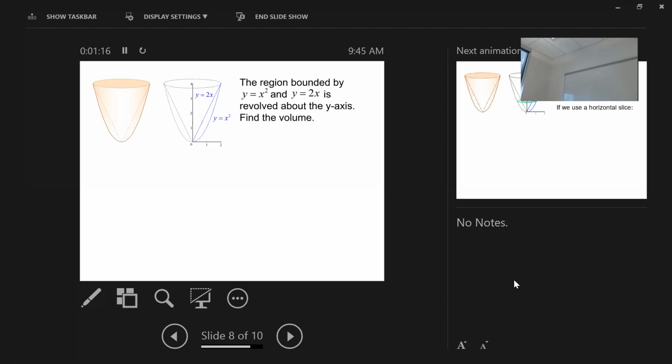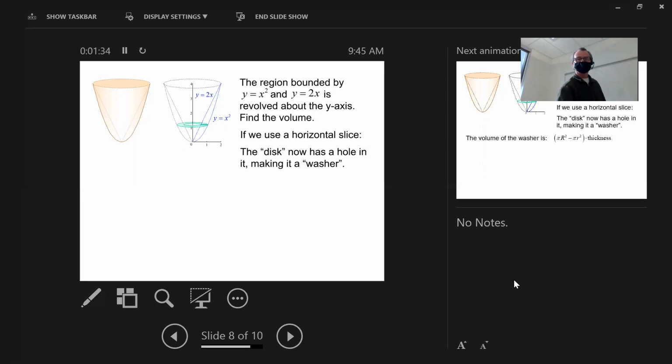Make sense? Because you're going to have a hole in this. When you rotate this thing, you have this hole in here. Everybody good?